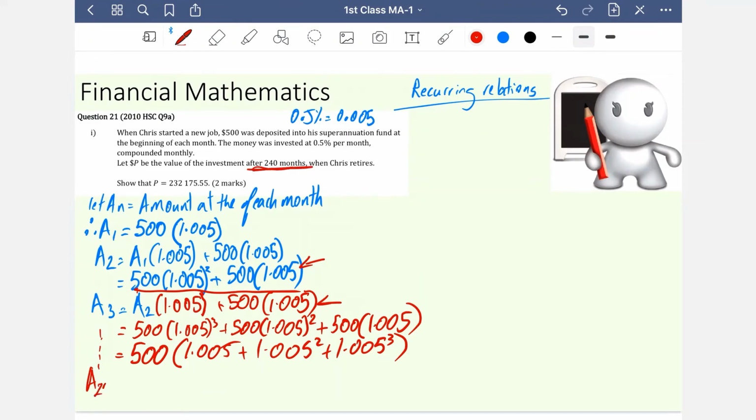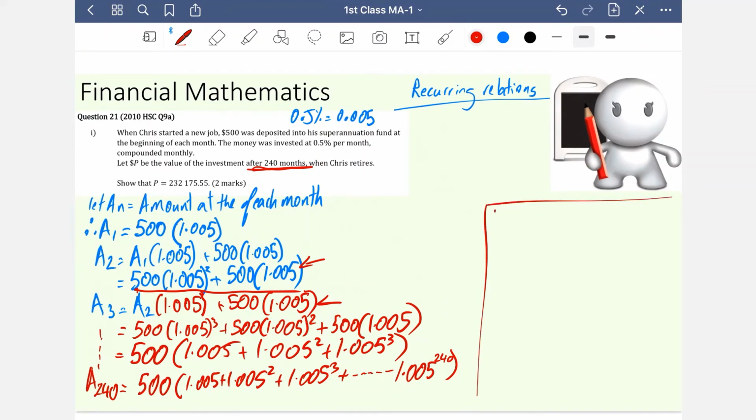So at 240, this is what I will get based on this pattern. 500 outside of 1.005 plus 1.005 squared plus 1.005 cubed. Now remember, you need to have a minimum of 3 terms, okay, for you to have a geometric progression, okay, and then we do the dots all the way up to 240, okay.